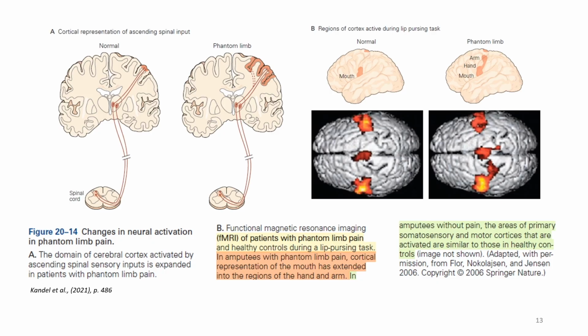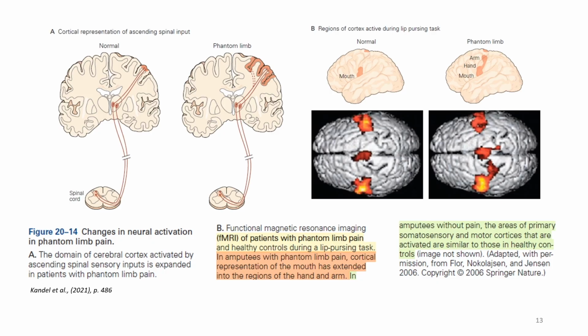So fMRI data has shown that in those amputees that experience phantom limb pain, the cortical representation of the mouth area on the somatosensory cortex has extended into the regions of the hand and arm in these people who have had their hand and arm amputated.